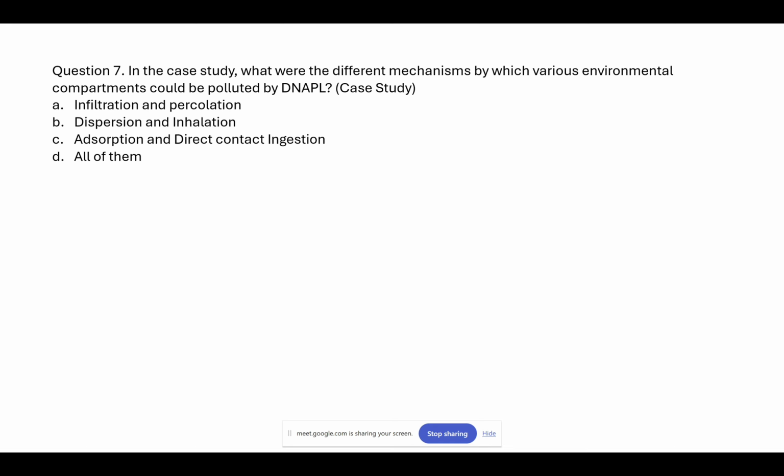C is adsorption and direct contact ingestion, or D, all of them. In the case study, different mechanisms by which various environmental compartments can be polluted by DNAPL were given, so we have to find out what they were based on the options given. So again, I will give you all 4 minutes. Just take your time, write the option in the chat box.